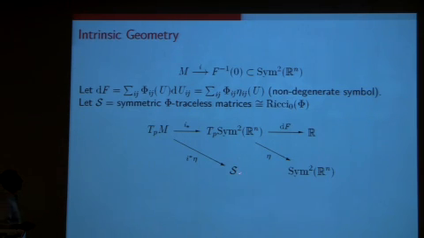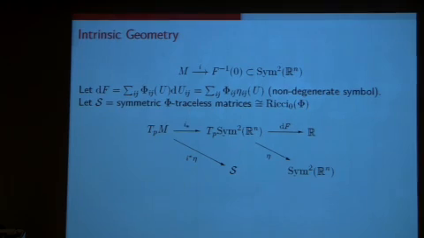So S is this vector space, and Sym²Rⁿ, the vector space, is this vector space plus R. In particular, S is the space of symmetric phi-traceless matrices, which, if you shift the coordinates a little bit, you should recognize as the space of traceless Ricci tensors for the inner product phi. So the space of traceless Ricci tensors is in some sense exactly where the frame of M takes values. Okay, so I'm using that vector space, the traceless Ricci tensors, as the co-frame destination.